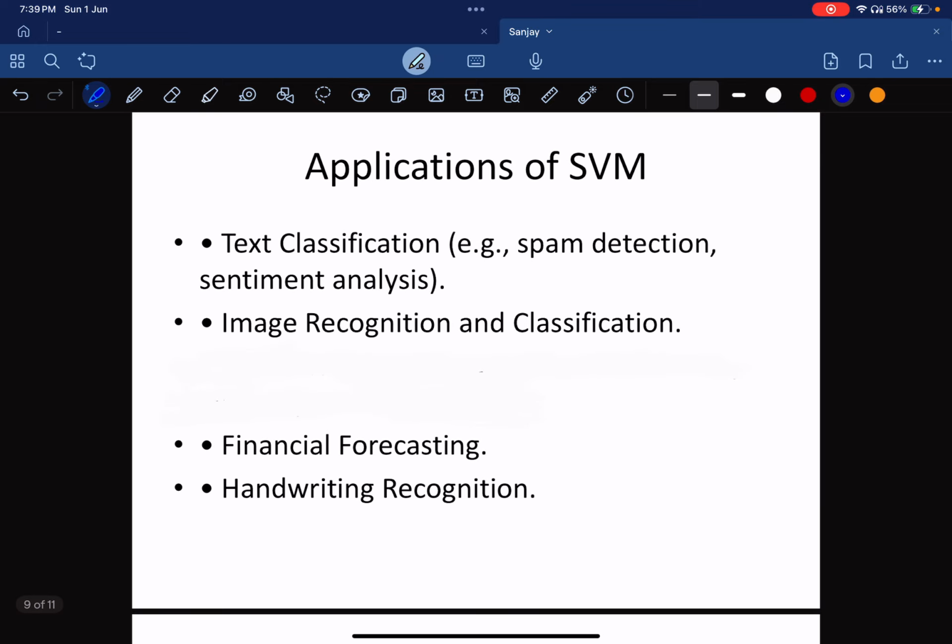Applications: we use it to classify text, like spam detection and sentiment analysis of movies, and image recognition and image classification, and also financial forecasting and handwriting recognition.